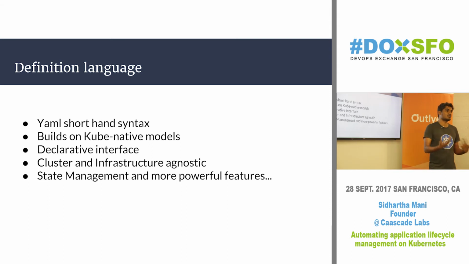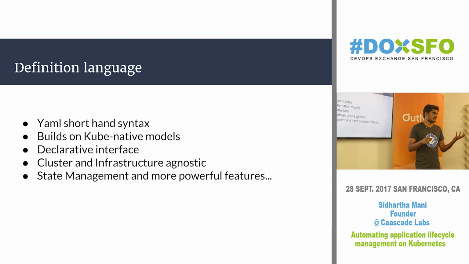If you already know Kubernetes, you can already use this. It's a completely declarative interface. It is cluster and infrastructure agnostic. So if you create a PostgreSQL definition in your cluster, you can easily transfer it to someone else's cluster and it'll just work. The last is the state management and other powerful features, which we saw in the demo.